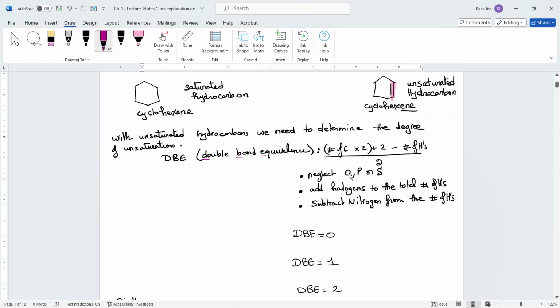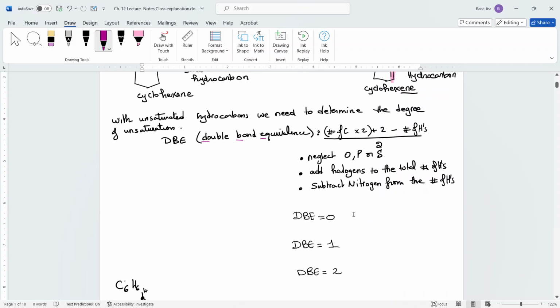Normally, if the formula includes oxygen, phosphorus, or sulfur, you neglect them. If the formula includes any of the halogens, you add them to the total number of hydrogens, and if the formula includes any nitrogen, you subtract the number of nitrogens from the number of hydrogens to get that value.